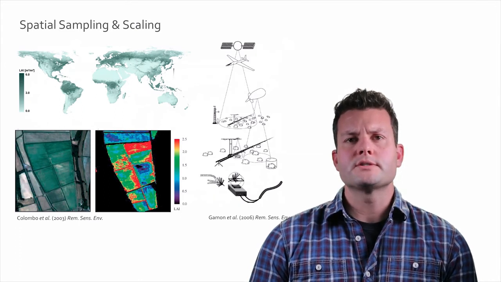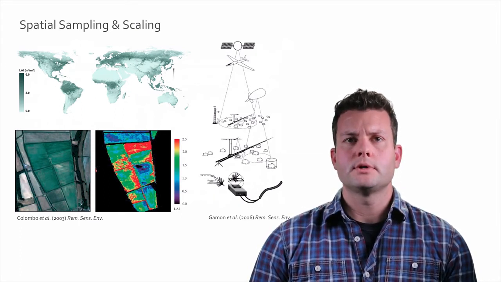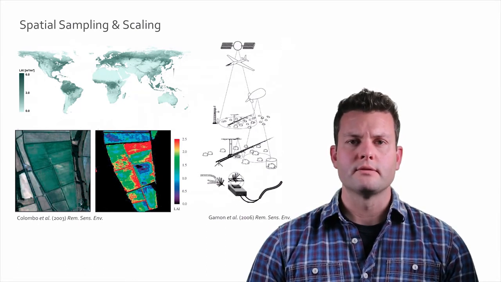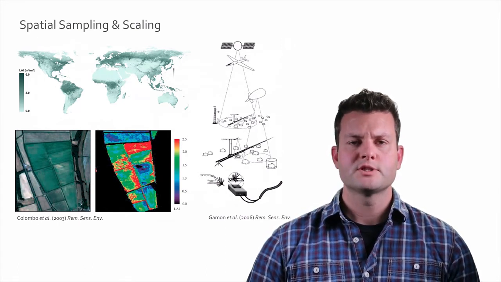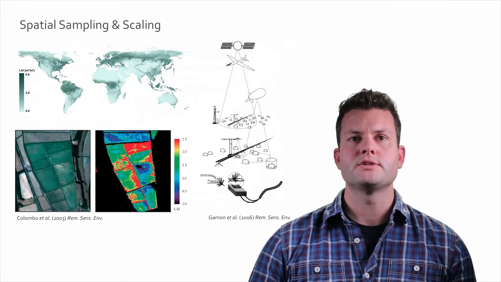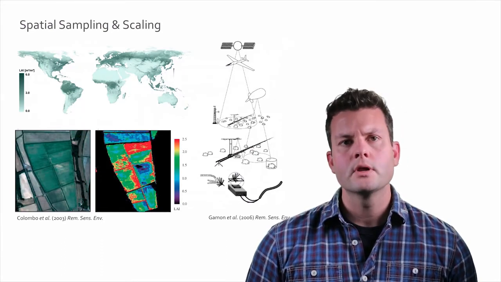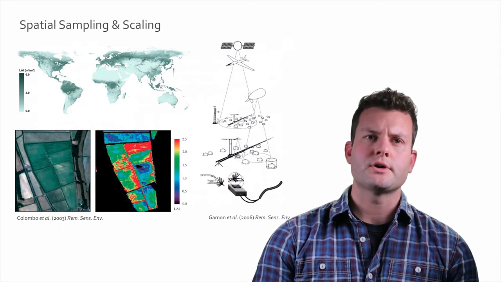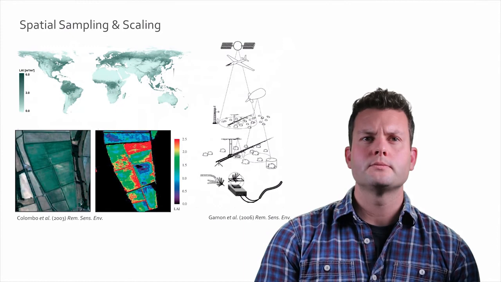One of the easiest ways of getting around negative effects of clumping or negative effects of spatial variability is simply to increase your sample size. In the lower left, there's an aerial image of some different crop fields.